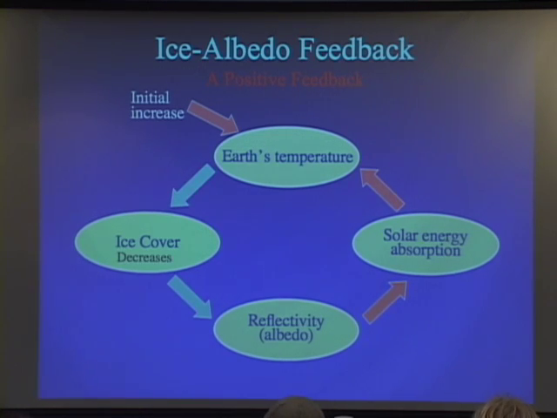Well, as a result, we're going to decrease the ice cover. We're going to melt some ice. As a result of that, because ice is very shiny and reflects a lot of sunlight, we're going to reduce the amount of sunlight reflected into space. We're therefore going to increase the amount of sunlight that gets absorbed by the Earth's system, and that in turn is going to increase the Earth's temperature. There's a positive feedback. And by the way, it isn't so much that the temperature went up, it's that the initial effect was reinforced. If you initially cooled the Earth, then you would get more ice and you would get more reflectivity.